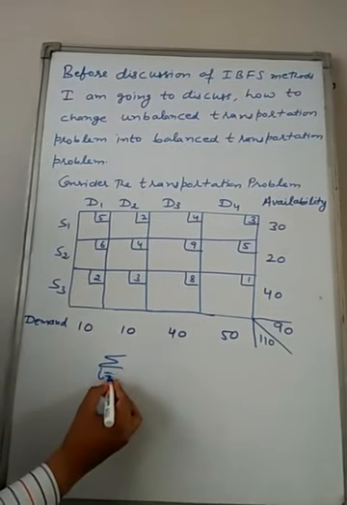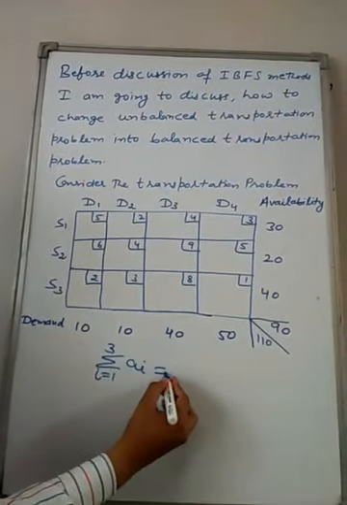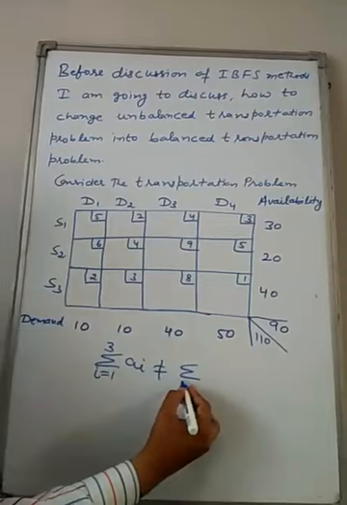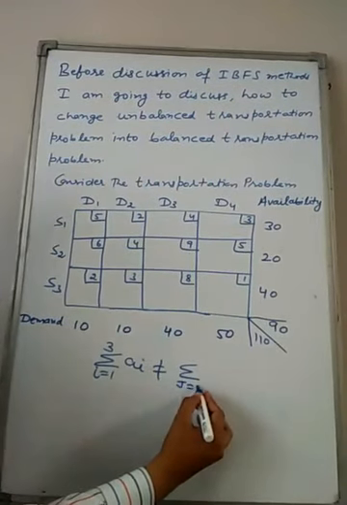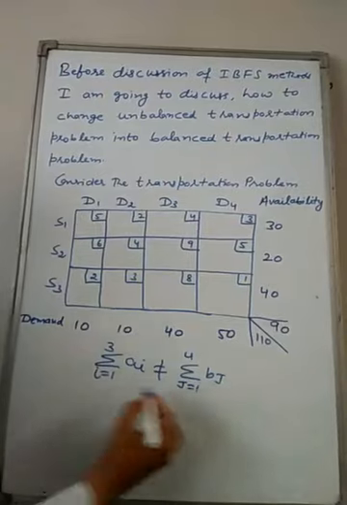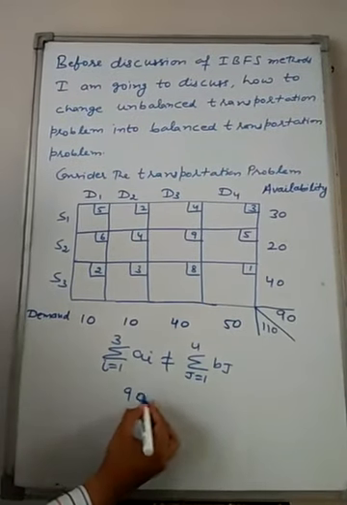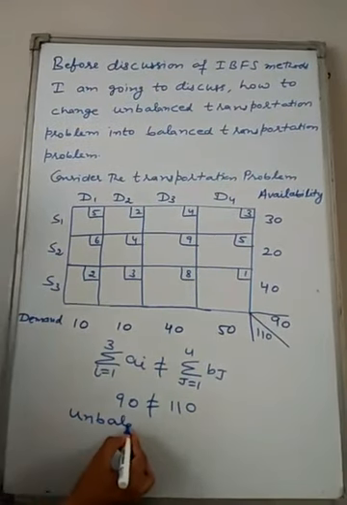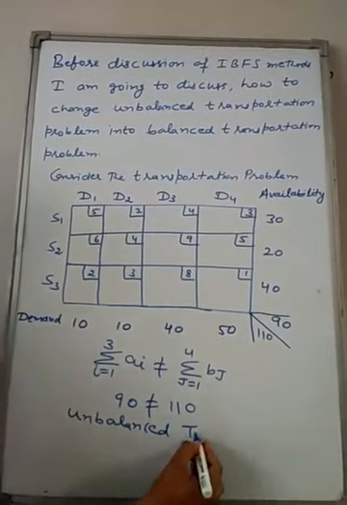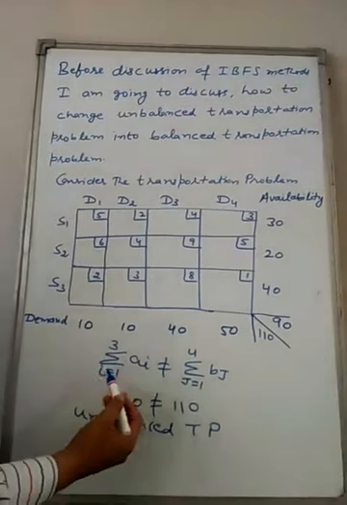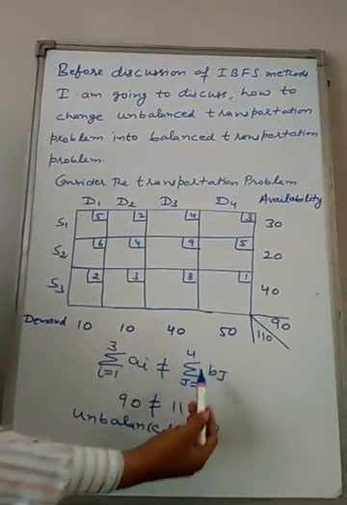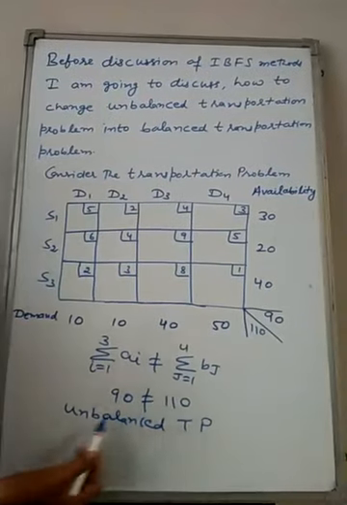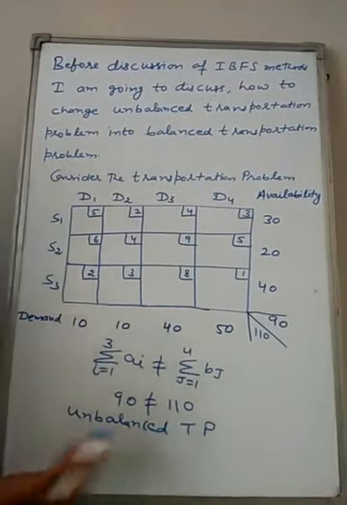Total availability is not equal to total demand. As 90 is not equal to 110, our transportation problem is an unbalanced transportation problem.